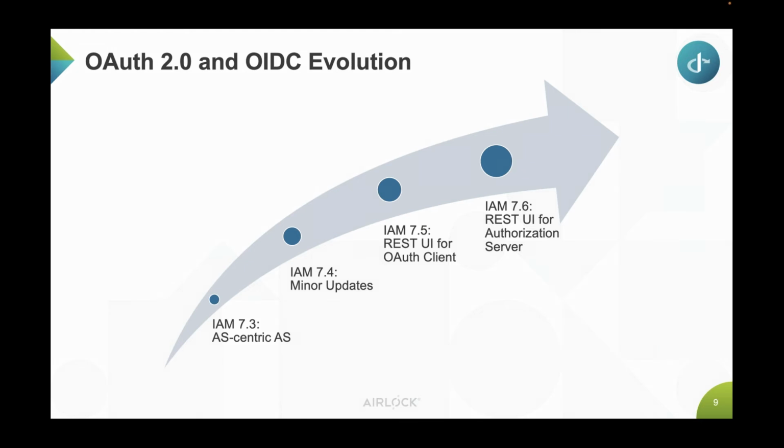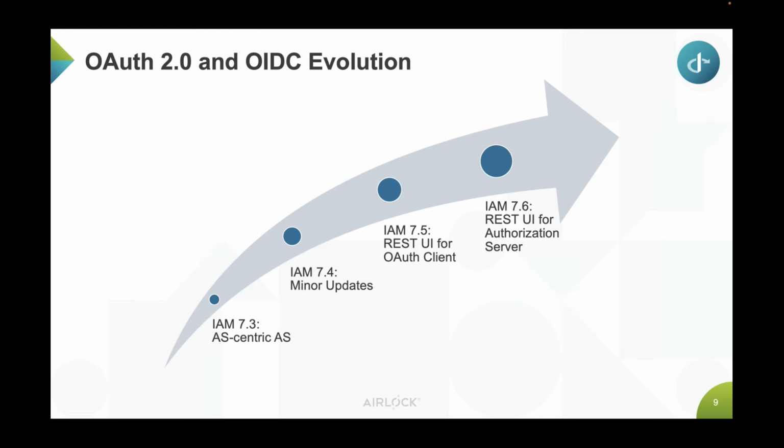You remember the AS-centric authorization server is the version where you can have multiple clients and you can either configure them directly in the configuration or you can register them using dynamic client registration. We then went on with IAM 7.4, just some minor updates. A real big step forward was IAM 7.5, where we implemented REST UI support for using IAM as an OAuth client.